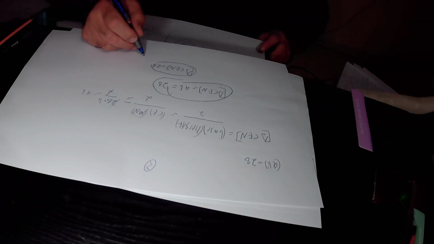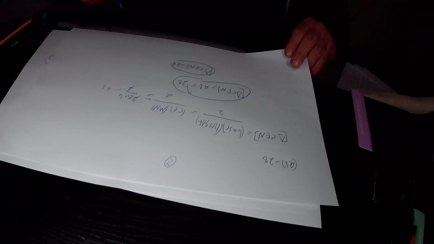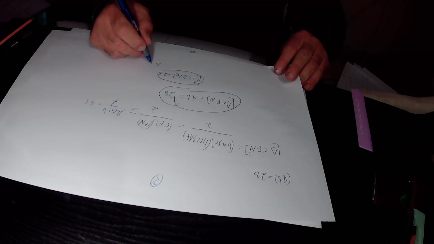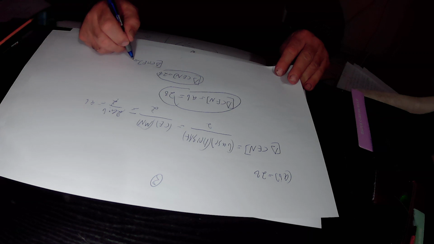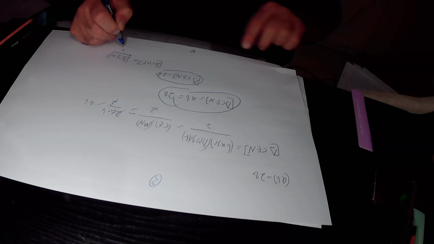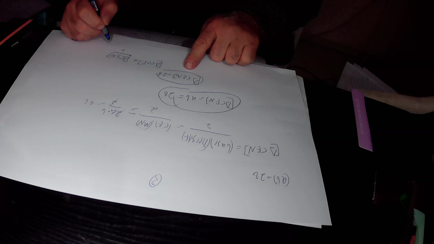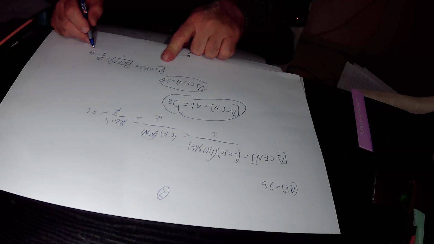We just found out that the area of the big triangle CN is 28, so over 2, 28 over 2 is 14. From this equation, we derive that the area of the green triangle COE equals 14 square units in size.